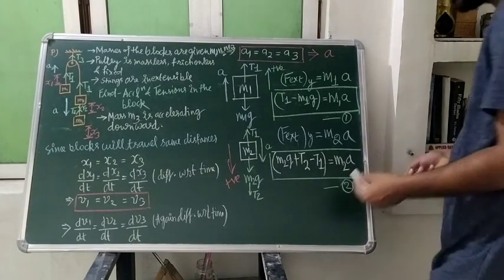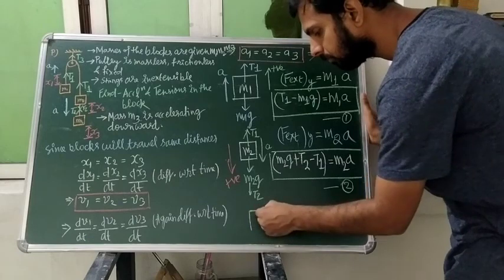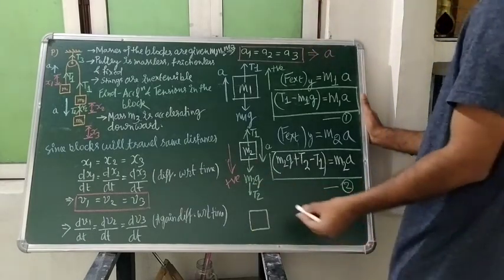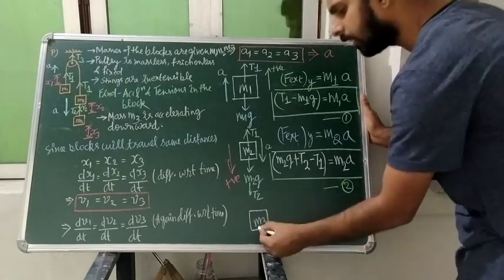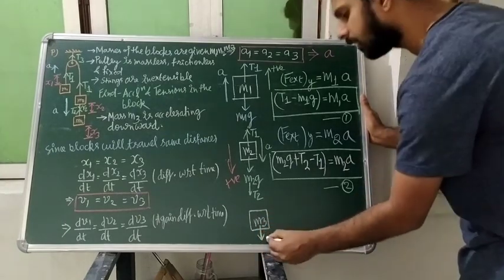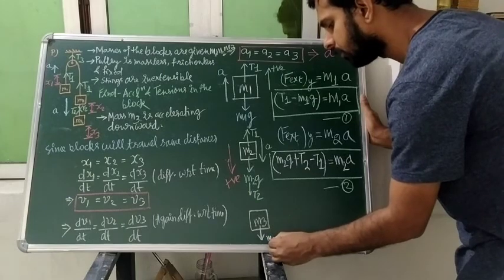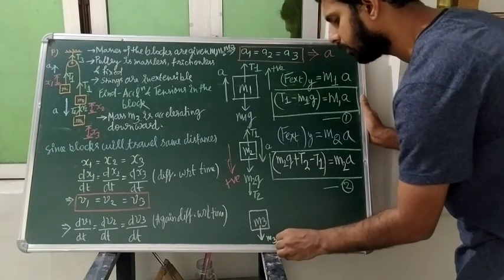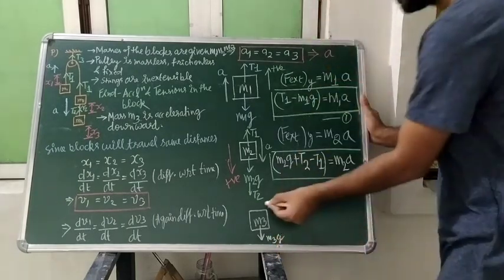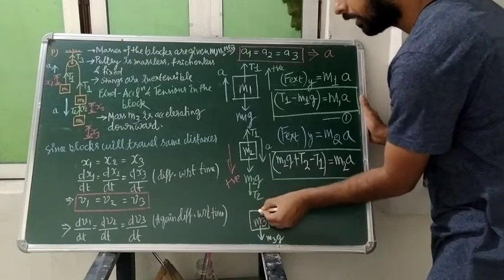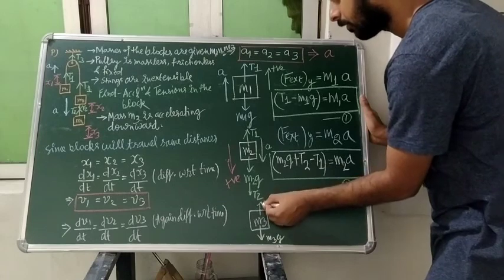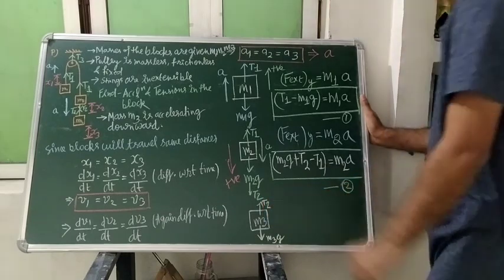Now what will the FBD of 3 tell us? Suppose we are drawing the FBD of mass m3. For mass m3, the weight will act in the downward direction, m3g here, and tension T2 will act upside.